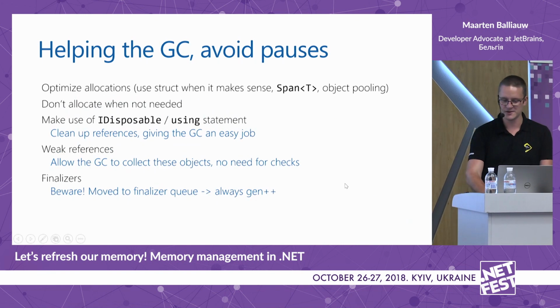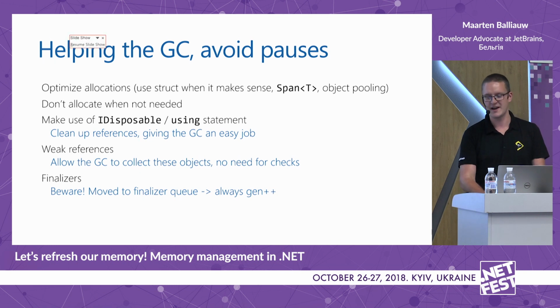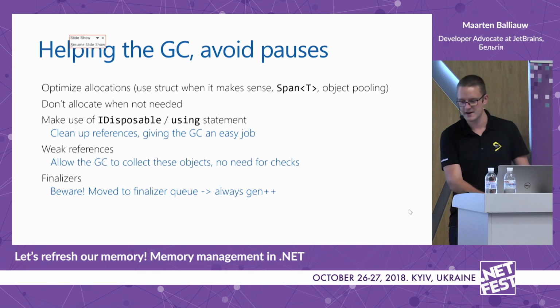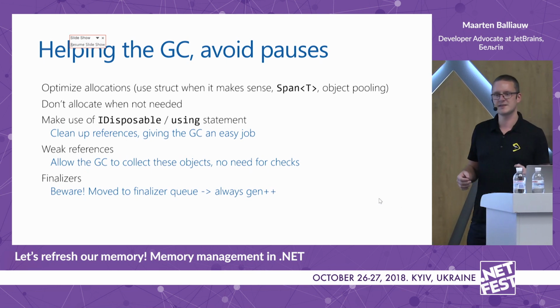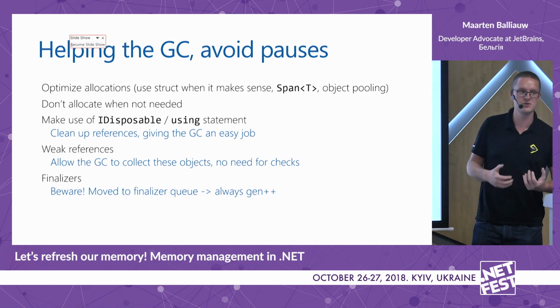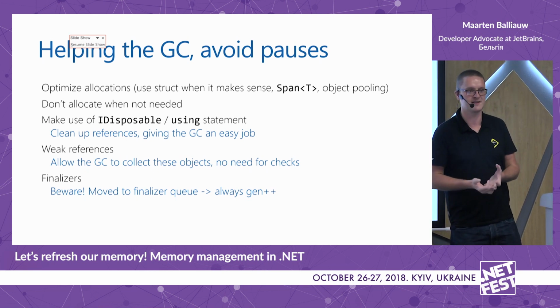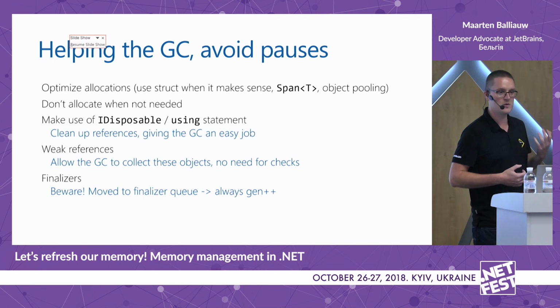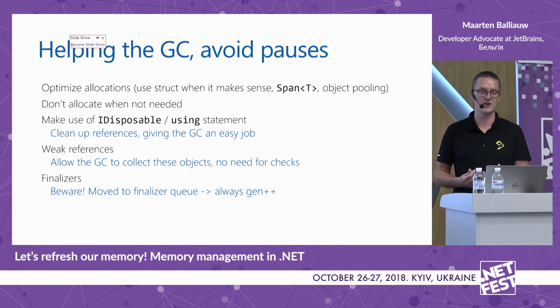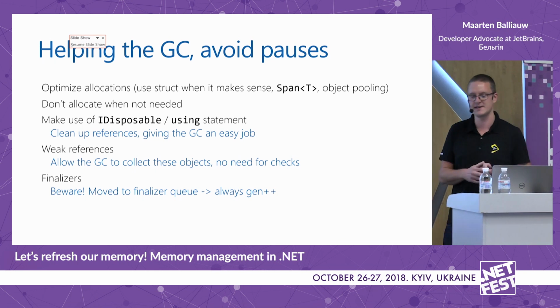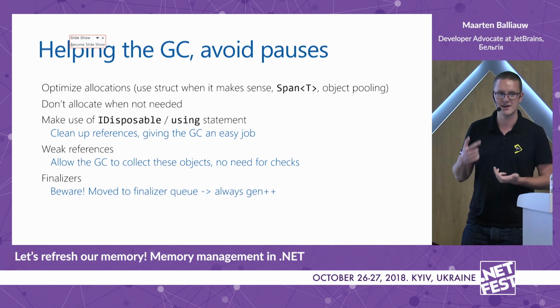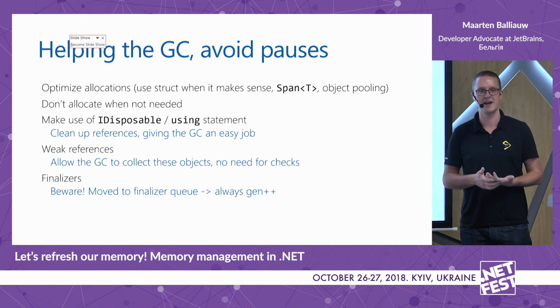So having seen all those things, we probably want to optimize our application a little bit, and we want to make sure that garbage collection either doesn't have to happen so many times, or that garbage collection takes less time, to basically shorten those pauses that the garbage collector will make. One way of doing that could be optimizing our allocations, using structs when it makes sense, using the new Span<T>, stackalloc, object pooling, things like that.